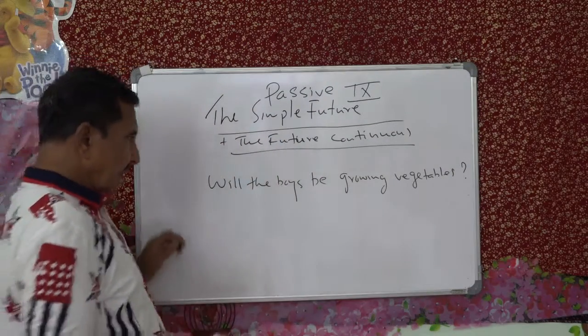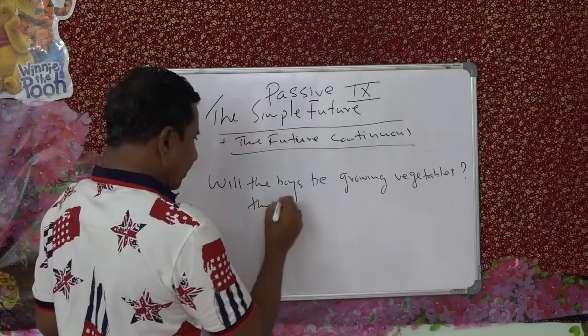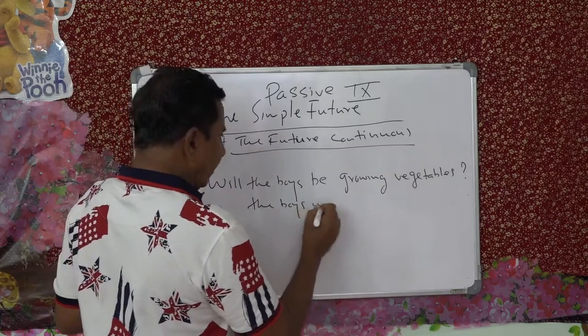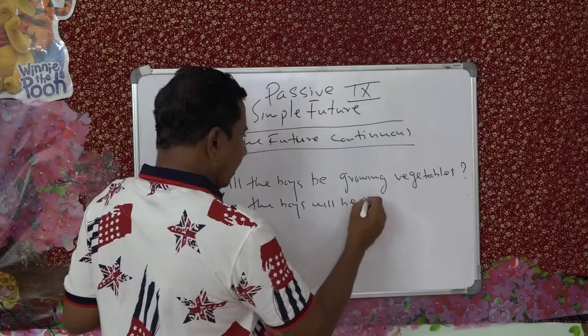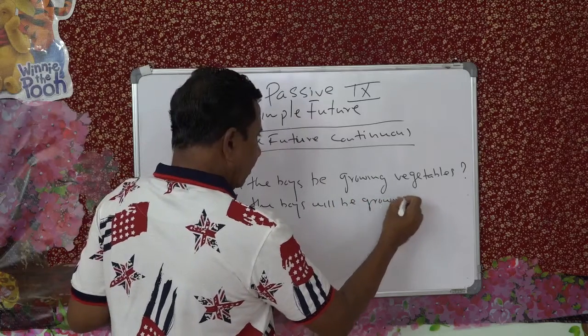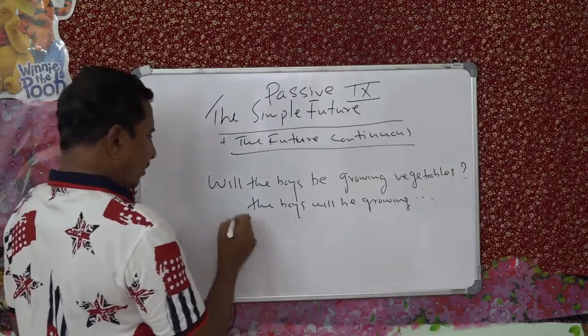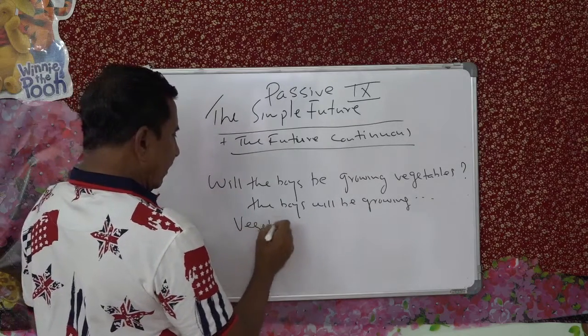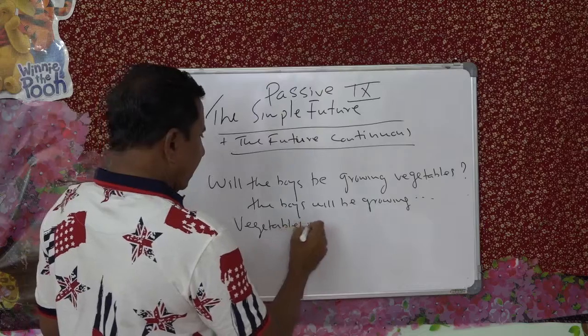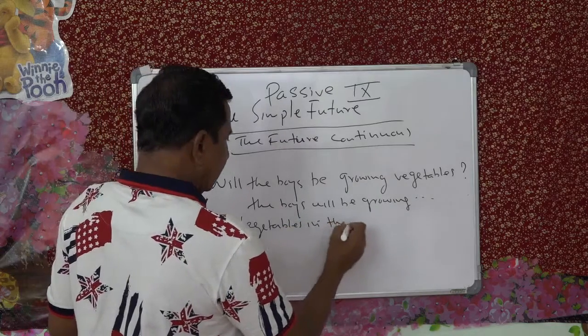So what will you do? The boys will be growing vegetables in the garden. Then the passive will be: vegetables in the garden.